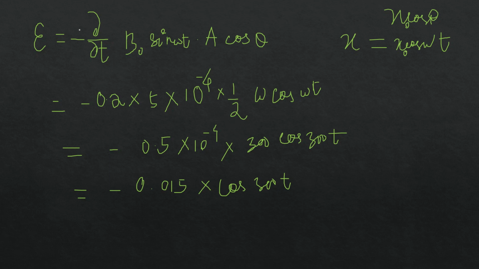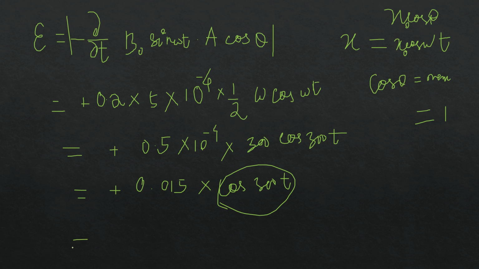Let's take the magnitude of it, so all this will be plus. x is maximum when cos theta is maximum. What is the maximum value of cos theta? 1. So we will just put this one as 1.